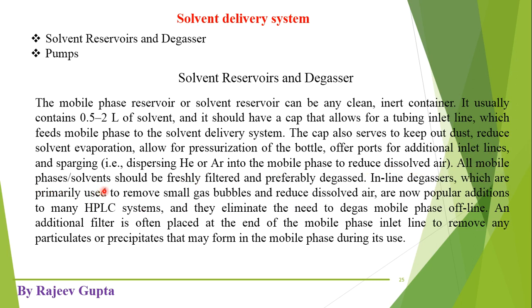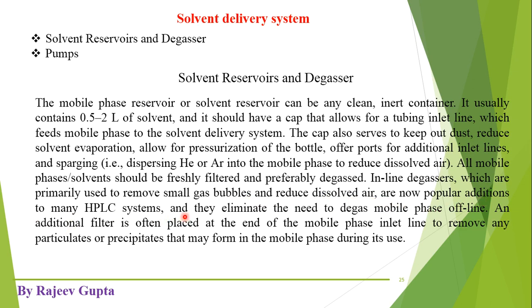All mobile phase solvents should be freshly filtered and preferably degassed. Inline degassers, which are primarily used to remove small gas bubbles and reduce dissolved air, as I said earlier, are now popular additions to many HPLC systems.